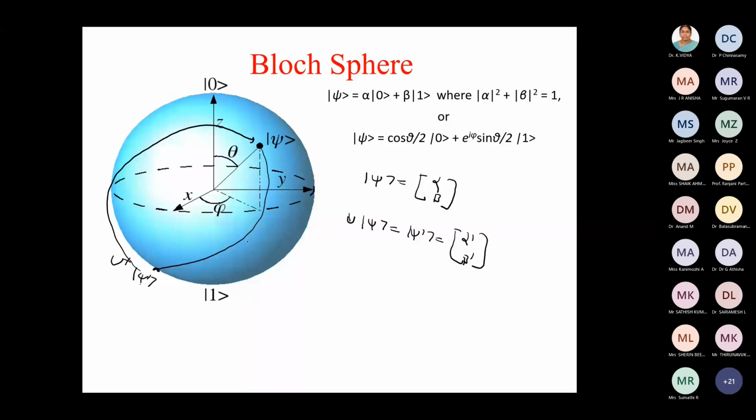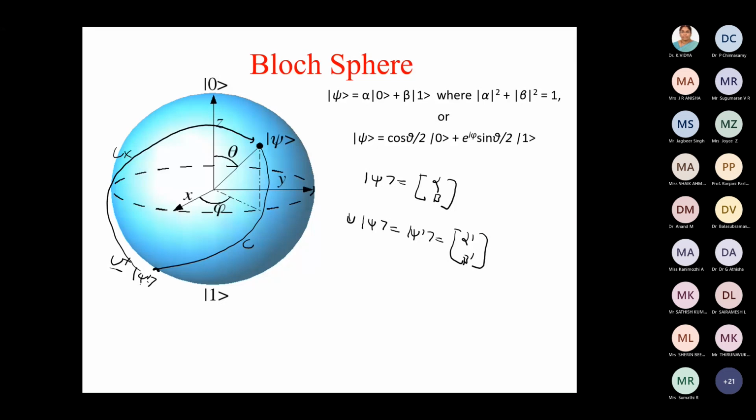So I apply U over here, I apply U dagger. I apply U on this psi state, and I take this point to another point on the Bloch sphere. Remember, every point on this Bloch sphere is a valid qubit. So what this quantum gate is doing is just moving this point from one state to another. So psi dash comes here. If I apply this U dagger operator, basically the inverse of U, then it will bring me back to the original state.